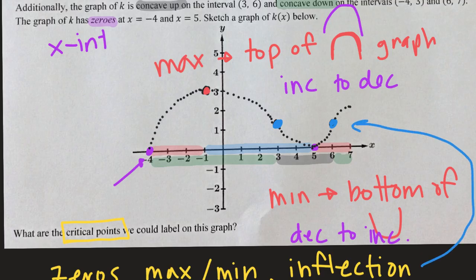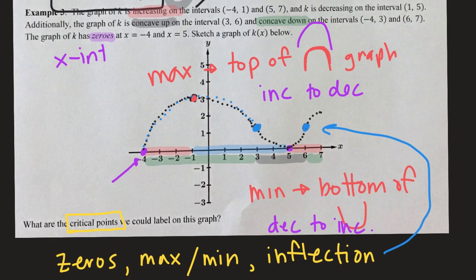So what can we say about concavity? Okay, the graph was concave down from -4 to 3, and at 3 is where we had that point of inflection. And then what happened to the graph at 3? It changed from concave down to concave up.